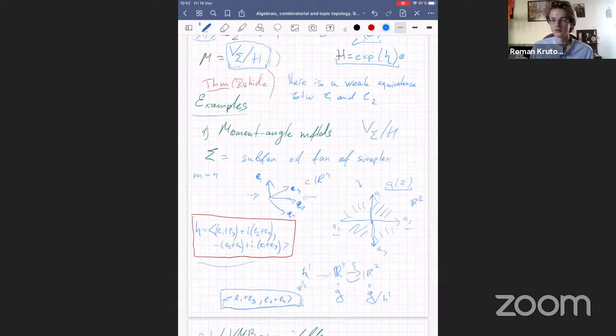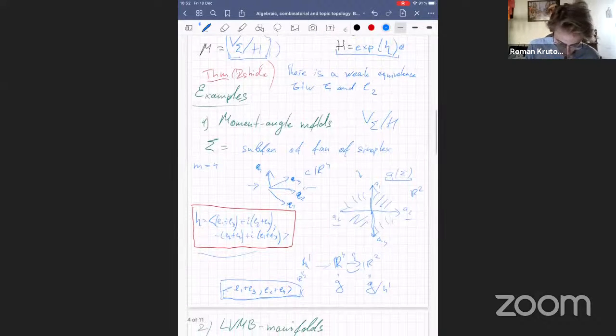Actually, it's also a theorem that in this way you always construct a manifold which is isomorphic to the corresponding moment-angle manifold corresponding to the simplicial complex underlying this fan. Well, that's not hard. This is a theorem.